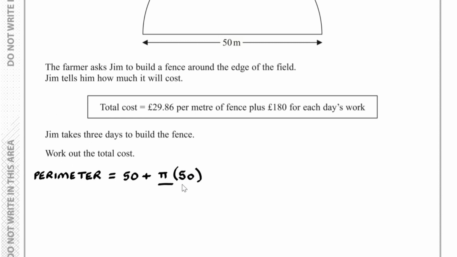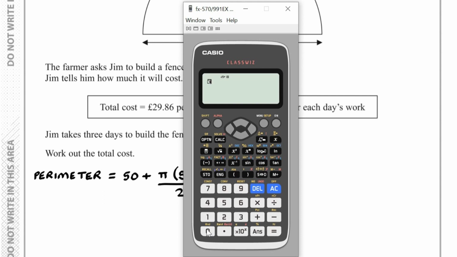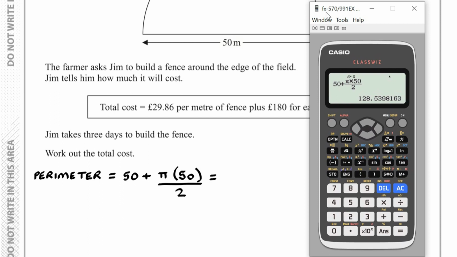But then because we've got a semicircle, I need to divide through by 2. So let's work this out. 50 plus pi multiplied by 50 divided by 2. It turns out we have 128.5 etc. meters as our perimeter.